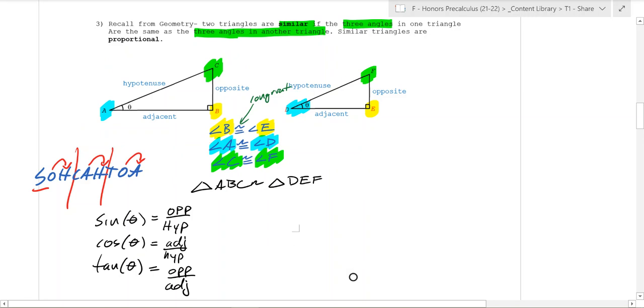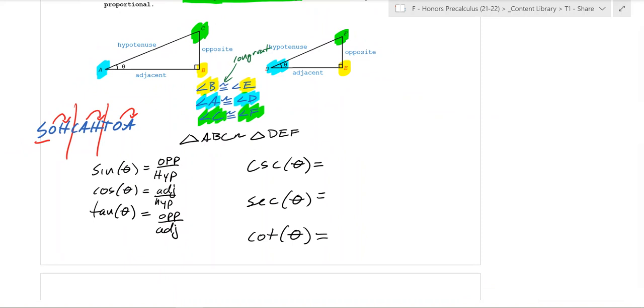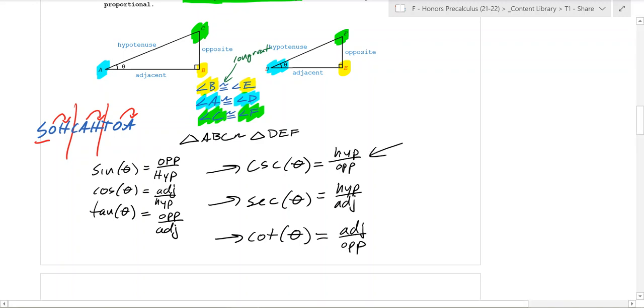Now, there are three other ratios that you have to remember, and those are called cosecant, secant, and cotangent. These are also just ratios of sides. They are hypotenuse over opposite for cosecant, hypotenuse over adjacent for secant, and adjacent over opposite for cotangent. So it's really, really important that you recognize some of the relationships here.